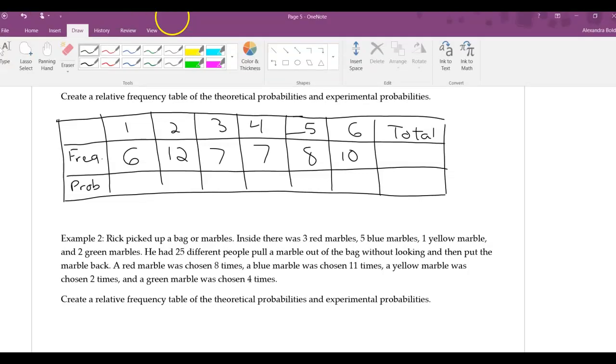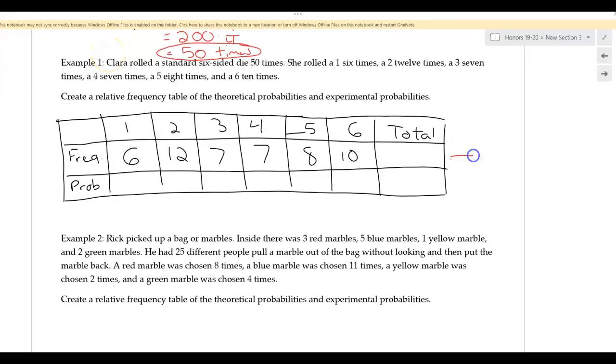These should always add up to the total. Usually it will tell you what your total is. She rolled the die 50 times. Right? And I believe those do add up to 50. I hope.